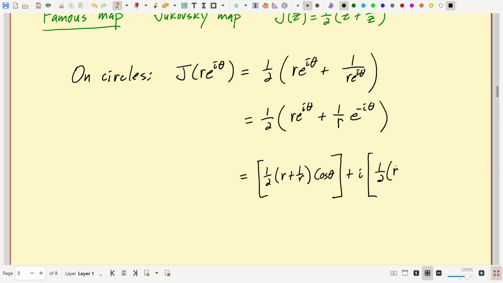And then on the second one, we'd get sine of minus theta, and sine of minus theta is minus sine of theta. So this is a minus 1 over r sine theta.